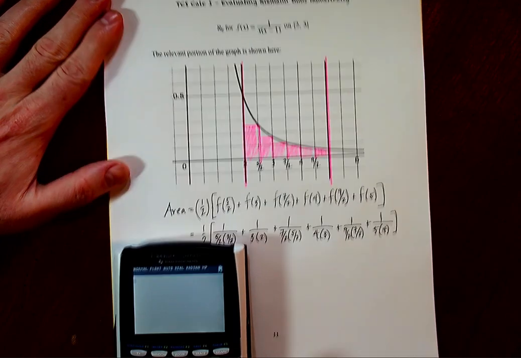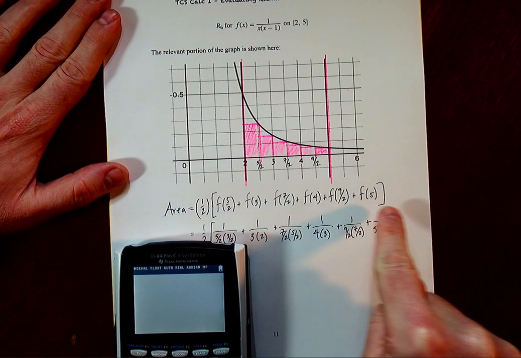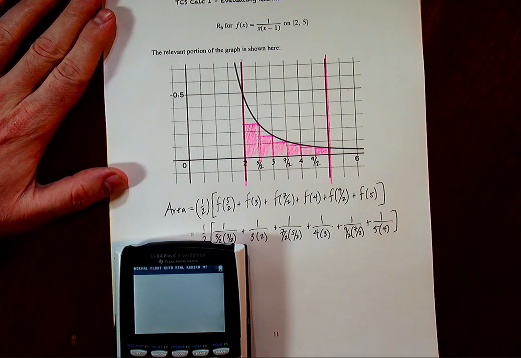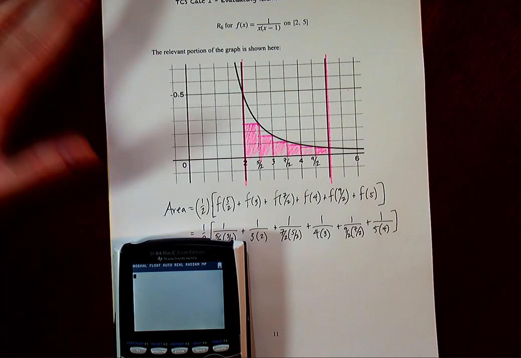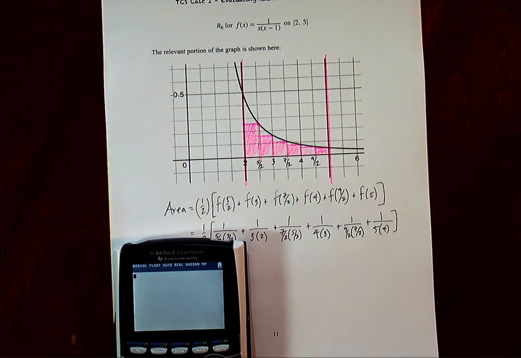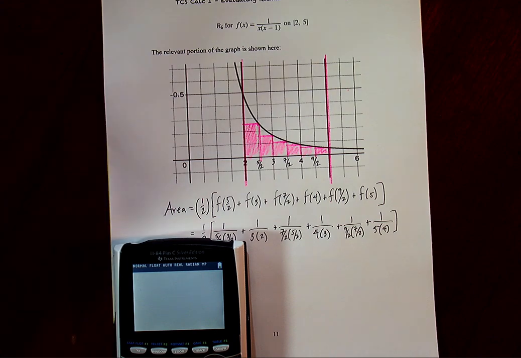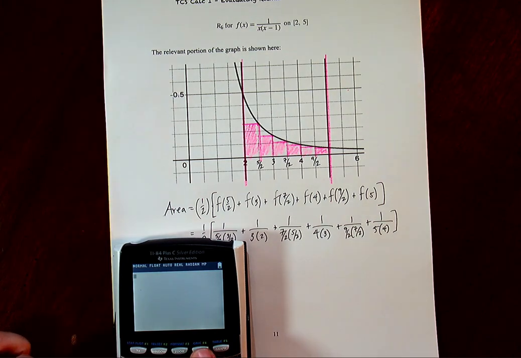Now I want to recreate this right up here on the home screen, because remember, if I plug something into y1, I can actually use my home screen to evaluate the function value. Now, you can either put the 1/2 in there and put parentheses and try to keep track of that, or you can just do the function values and just remember to divide by 2. Are you more likely to make a forgetfulness error or a keystroke error? That's really kind of the determining factor of how you do it here.